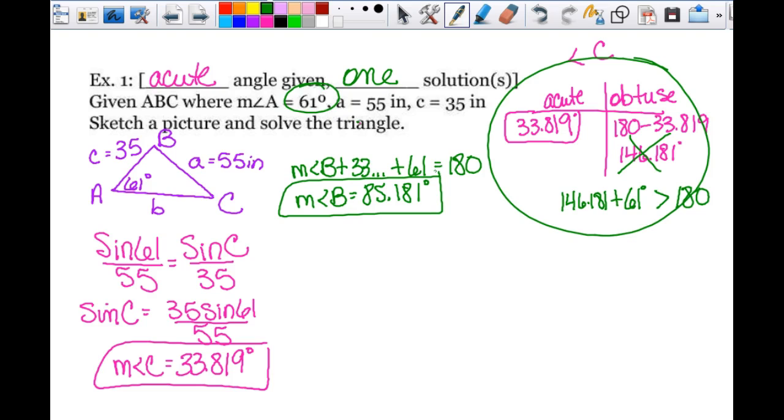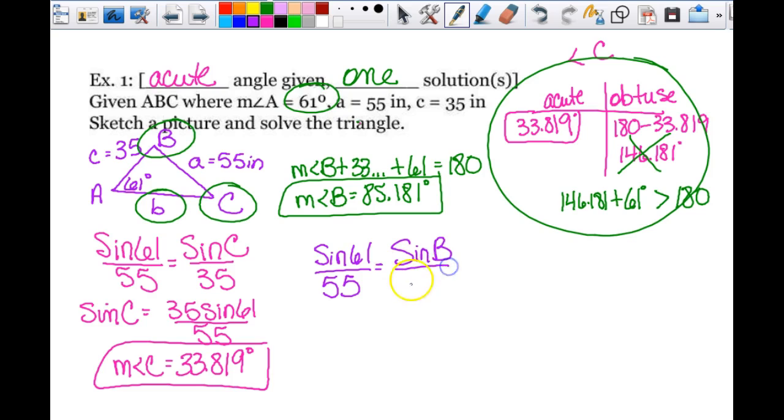Side b, right? Because I found this, I got that, I need to find b, which means I'm using the law of sines for that. So I'm going to use what they gave me, just like I used here. I'm going to start with the sine of 61 over 55. That's equal to the sine of B over little b.